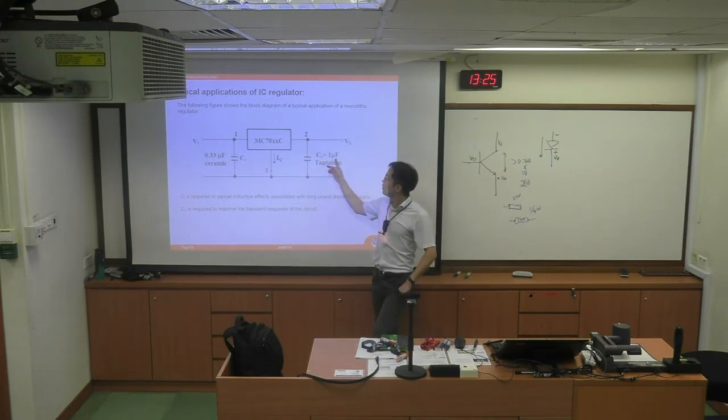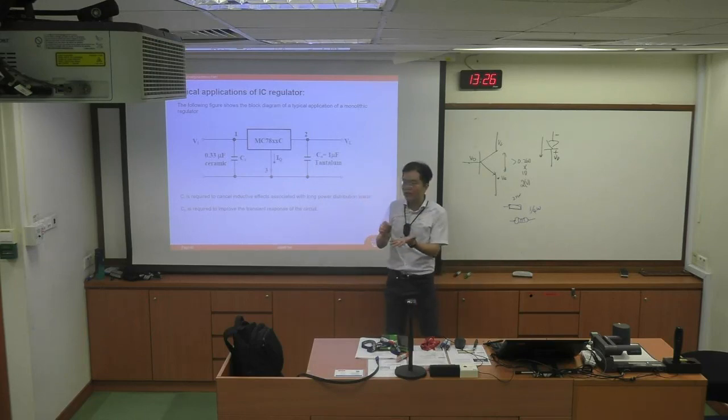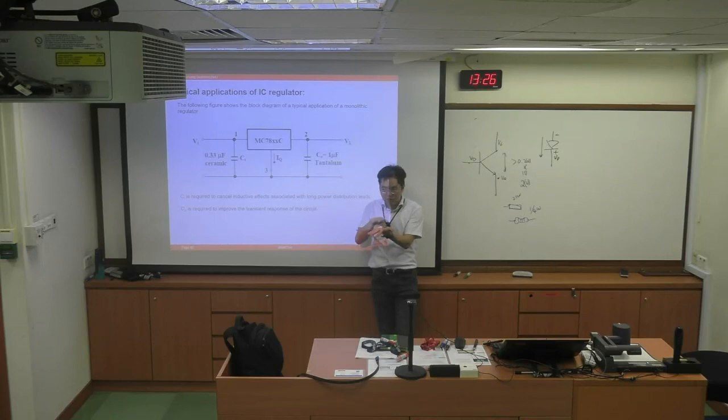Typically, 1 microfarad or more will be used for the tantalum capacitors, whereas less than 1 microfarad will be ceramic. Ceramic is the typical yellowish capacitor you see. Even with the integrated circuit version, like an SMD type, you see the yellow color, and tantalum will be black color with a silver stripe on it.